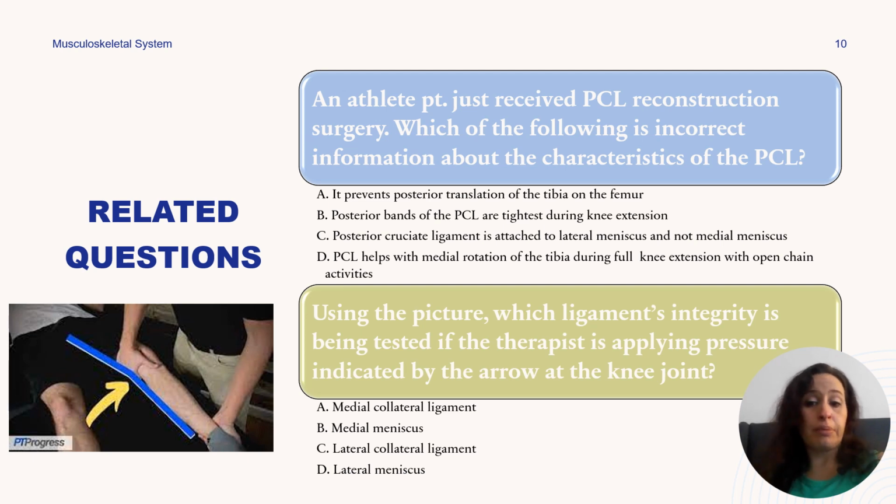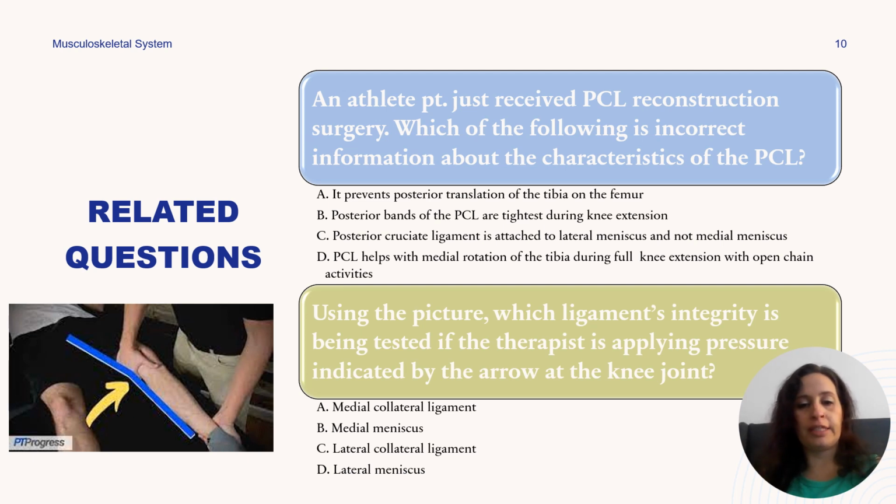The first one is about a PCL. It says, an athlete just received a PCL reconstruction surgery. Which of the following is incorrect about the PCL? Options are: A, it prevents posterior translation of the tibia on the femur.